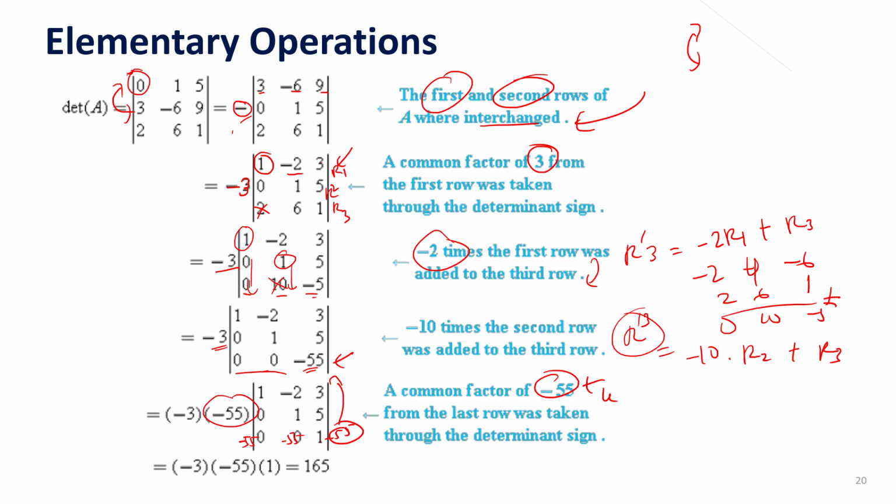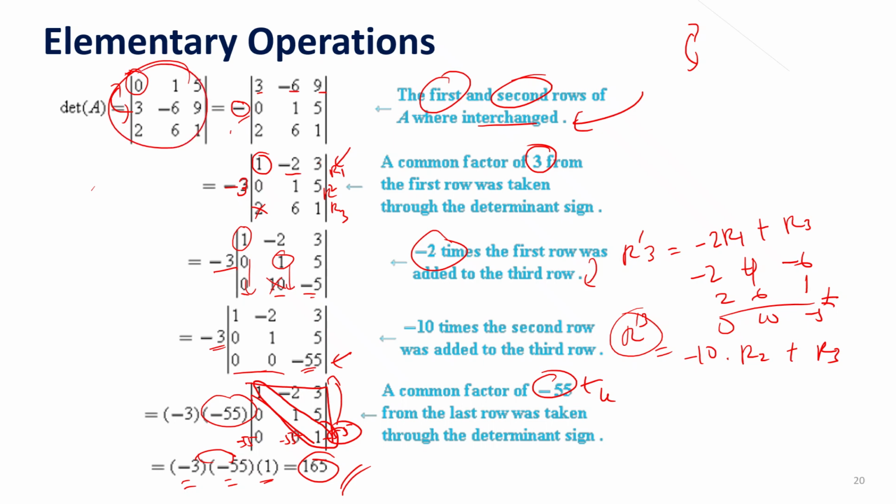Then you have the upper triangular matrix, or echelon row form, where you just need to multiply these values: minus 3, minus 55, and 1. So if you multiply them, you get 165 as the determinant of this matrix.